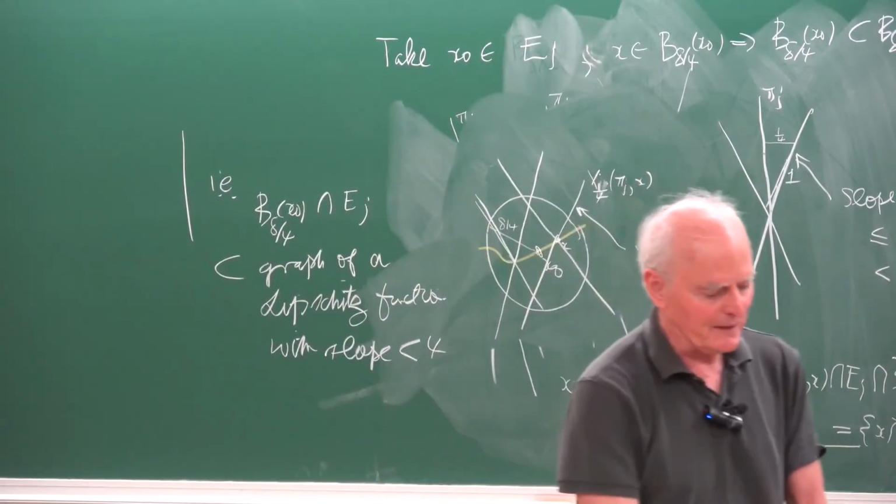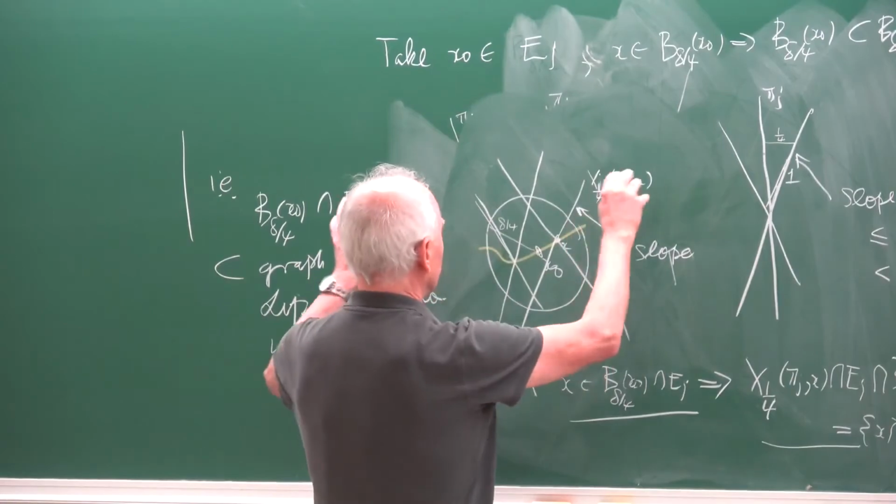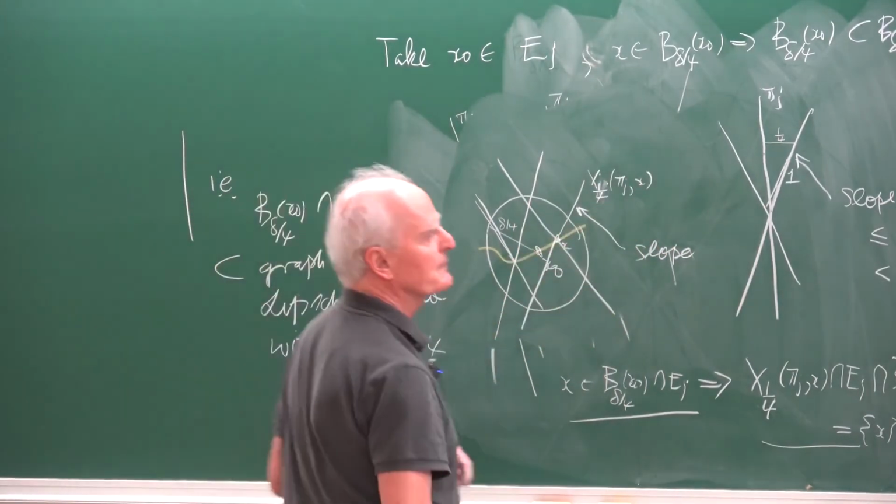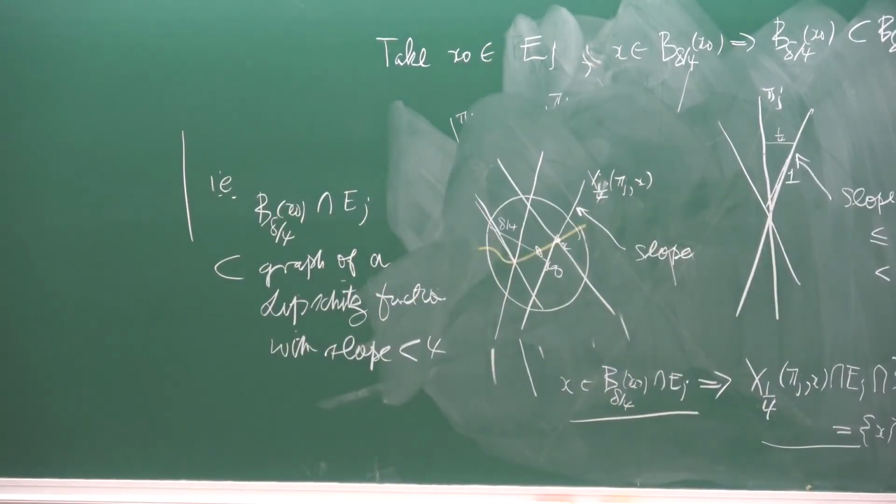And on the other hand, you can cover the whole set by finitely many of these balls. Remember, we're only talking about the part of the set inside the ball of radius R0.